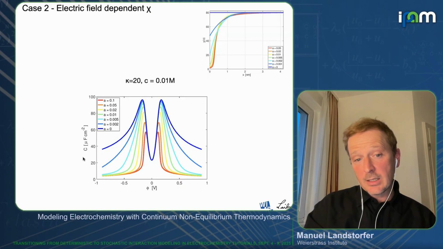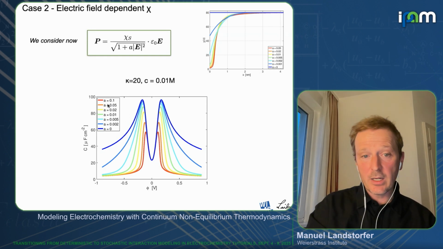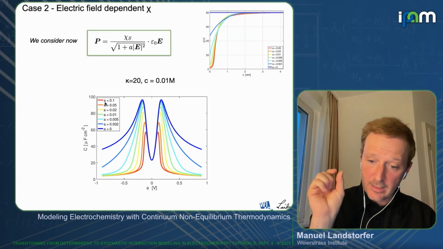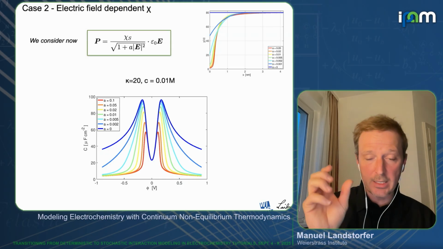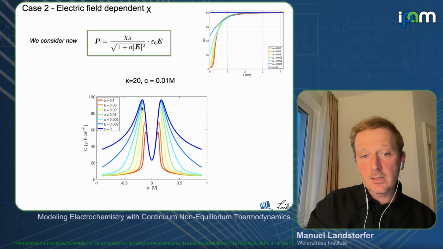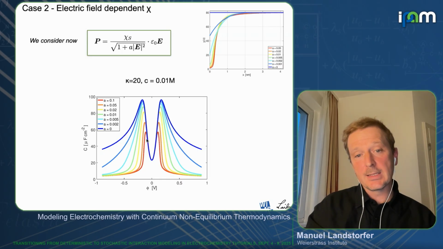Expectably, the impact on the differential capacity for this is pretty strong, because as I just mentioned, whenever A is getting pretty large, you will see that in some angstroms already the dielectric susceptibility gets away from the bulk value towards 0, and thus dramatically decreases the differential capacity.